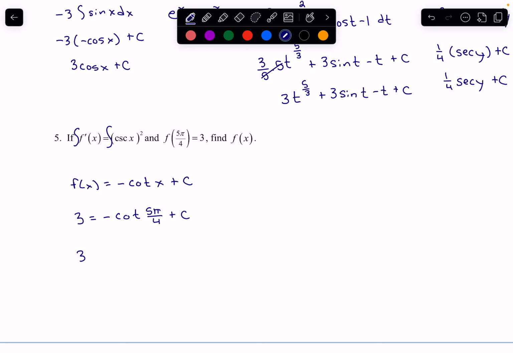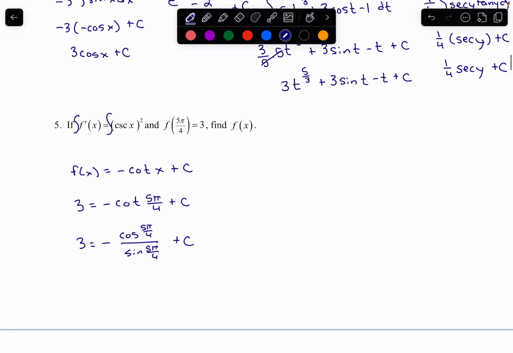So this is the same thing as 3 equals negative cosine of 5/4 divided by sine of 5/4 plus c. If I look at my unit circle, at 5/4, sine and cosine are negative root 2 over 2. So 3 equals negative root 2 over 2 divided by negative root 2 over 2 plus c.